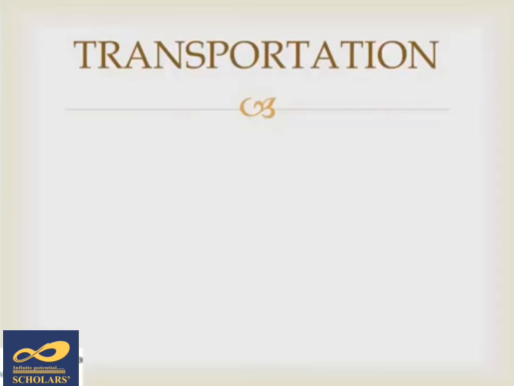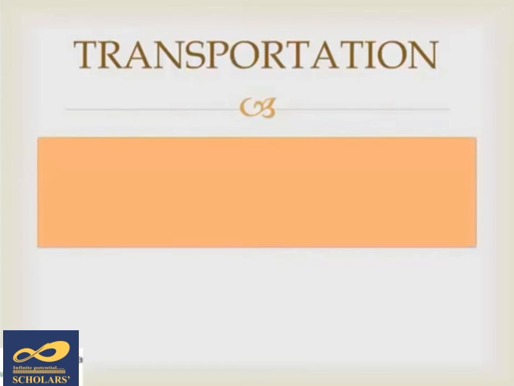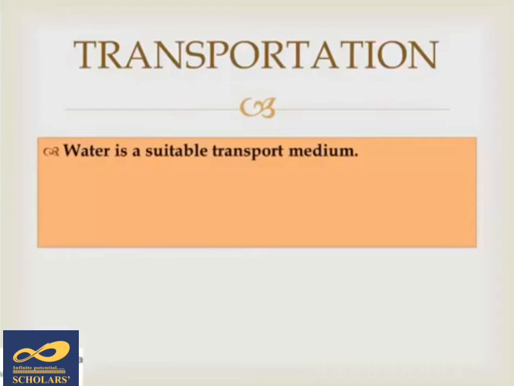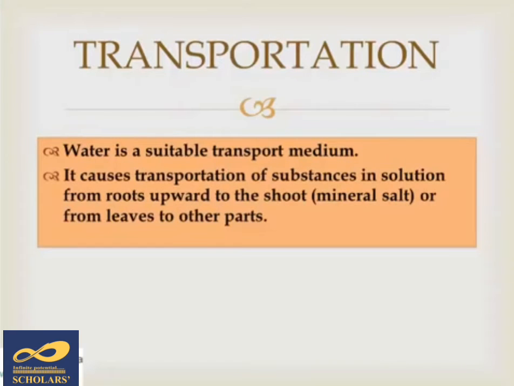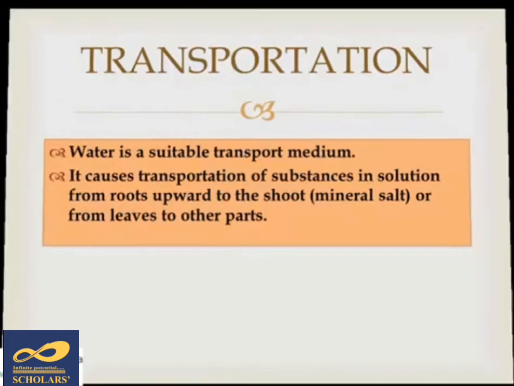The first purpose is transportation. Water is a suitable transport medium which causes transportation of substances in solution from roots upward to the shoot or from leaves to the other parts.